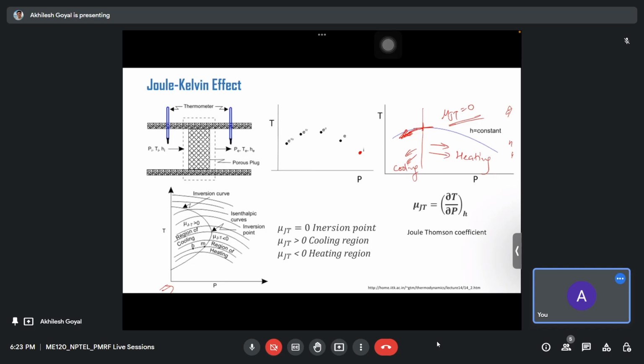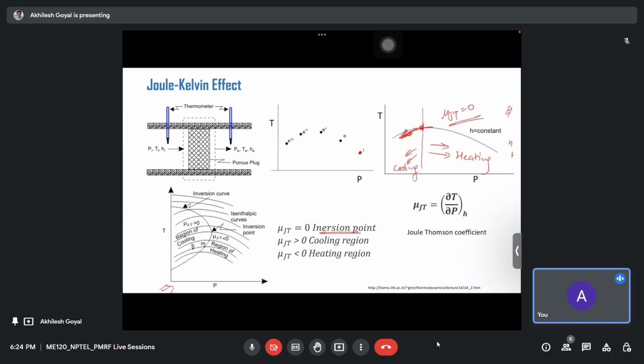So this point here where the Joule Thomson coefficient is 0 is called the inversion point. Okay, so now if we plot the inversion points for multiple initial conditions, we get this inversion curve.